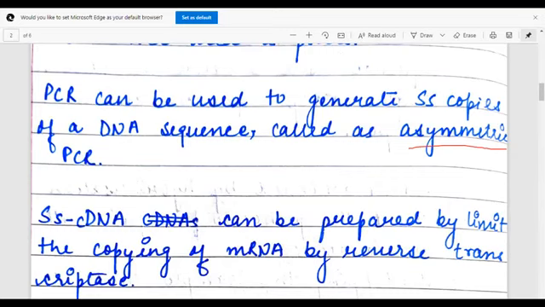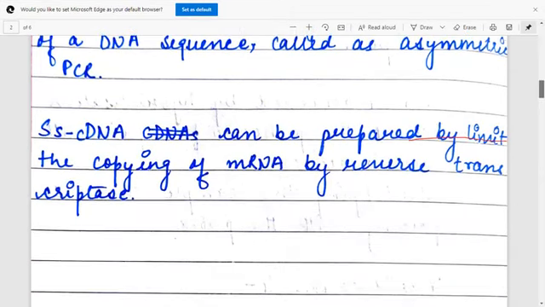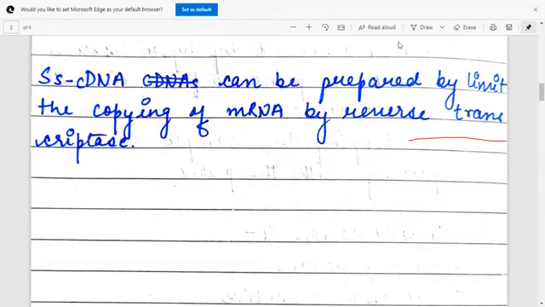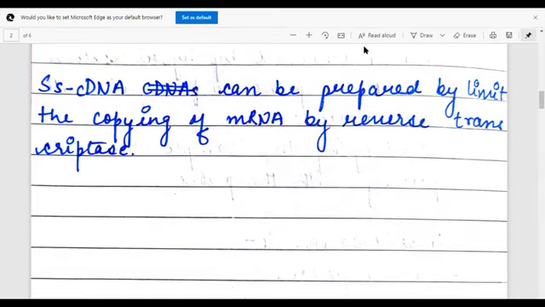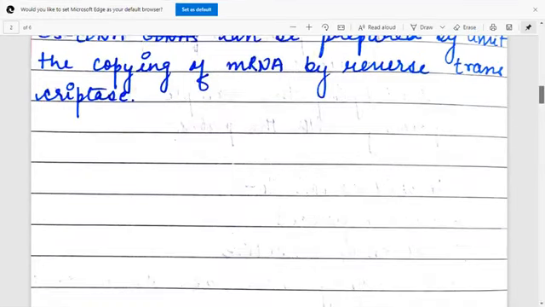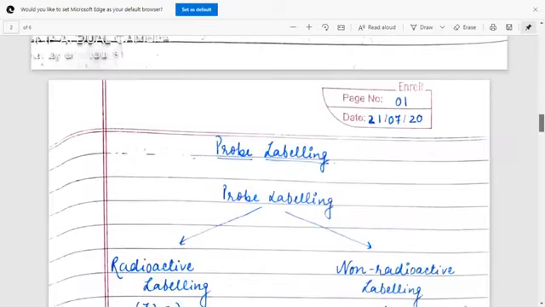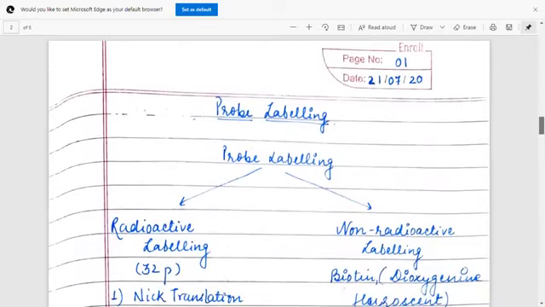The next one is single stranded cDNA, which can be prepared by limiting the copying of mRNA by reverse transcriptase. So mRNA can be copied to cDNA as well, and then this can be used as a probe if radio labeled or non-radio labeled sequences are used.